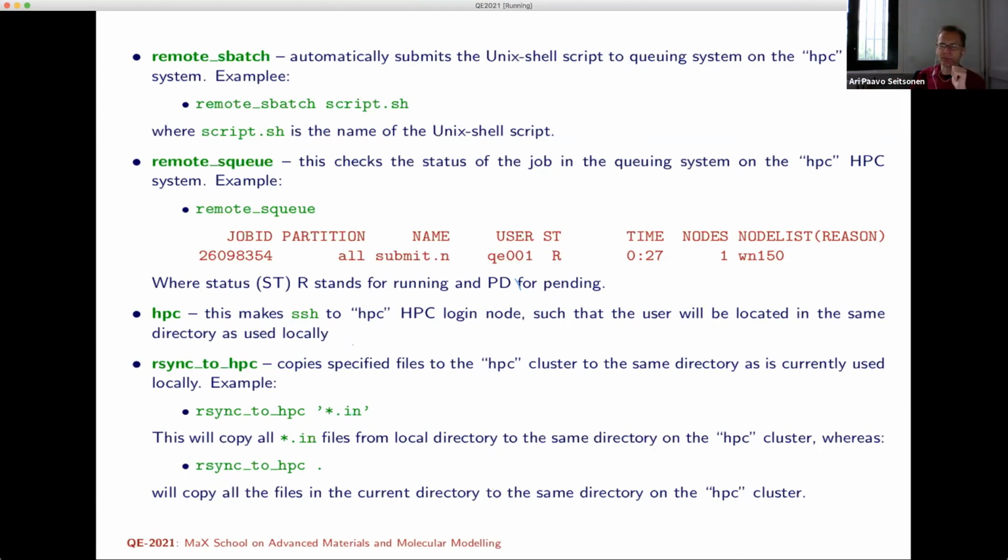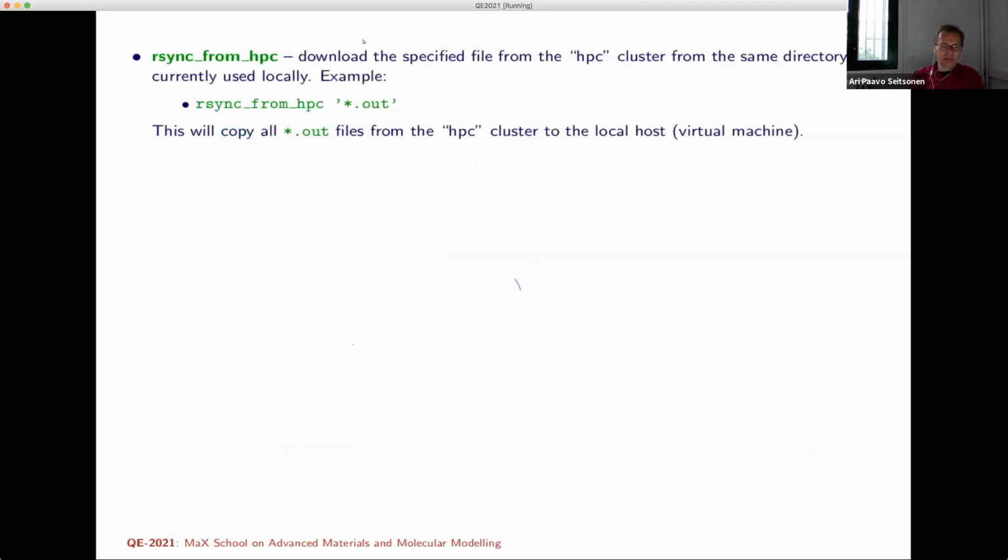It could be that if you make a mistake at the beginning, the job takes a fraction of a second on the cluster, and then it vanishes immediately. Even then, you can copy all the output files, or even better, you just use the command rsync_from_HPC space and the period, the dot.